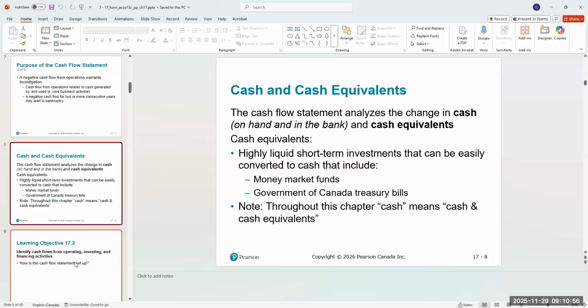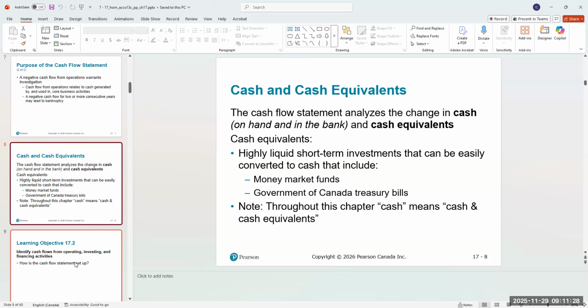But if you have a term GIC for one year, which is cashable only on the due date, one year from now, then that's not going to be considered a highly liquid short-term investment. Anything on the money market or Government of Canada Treasury bills will also be considered a short-term, highly liquid investment, which can be part of cash.